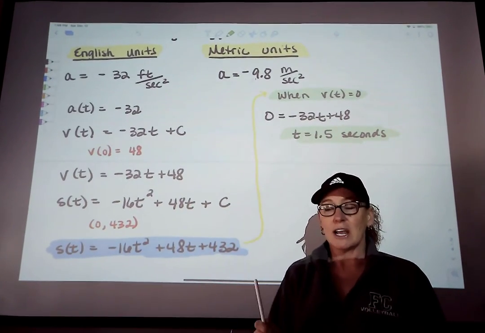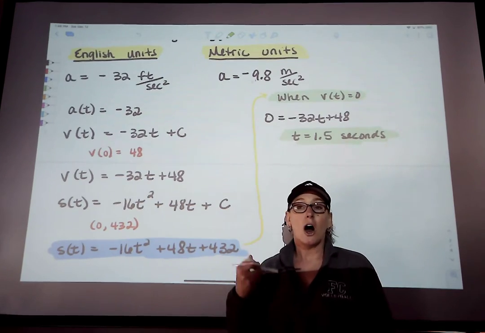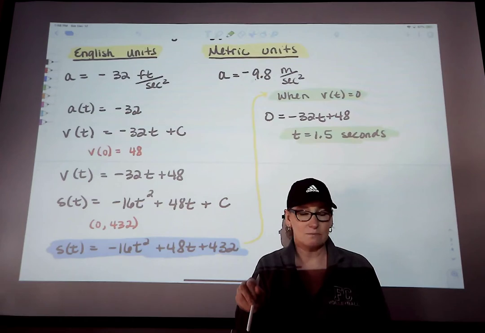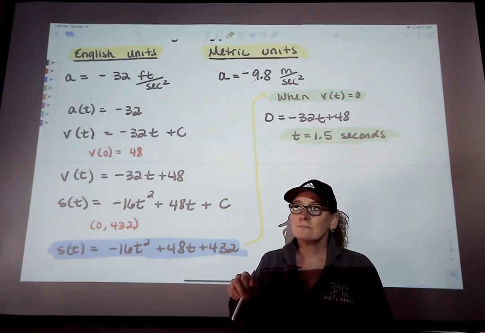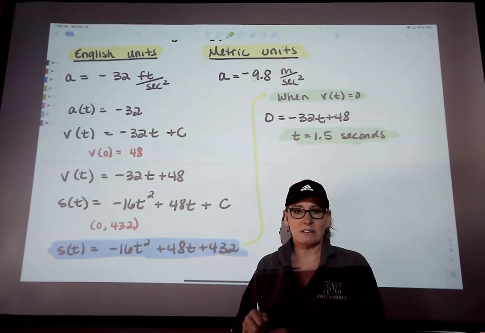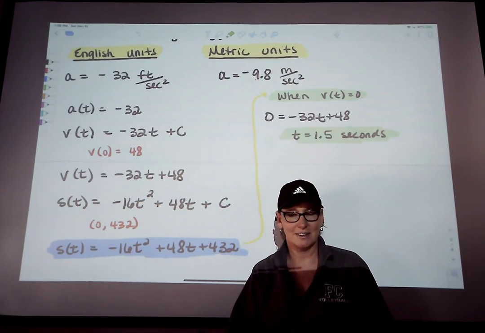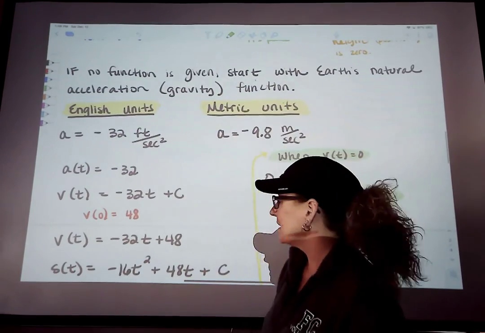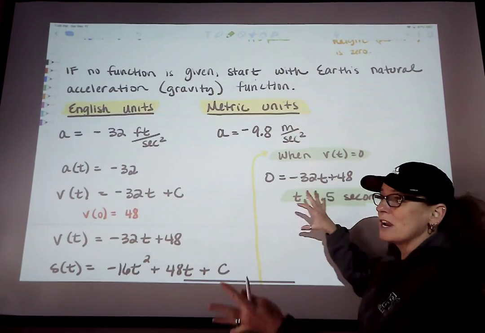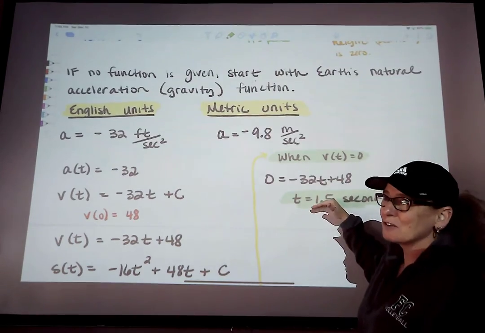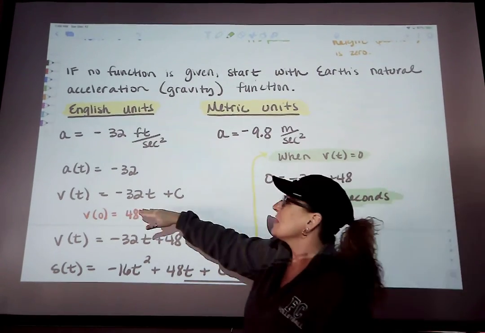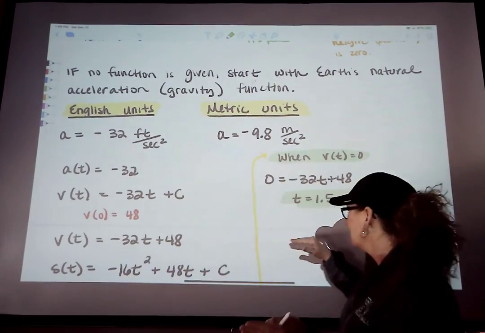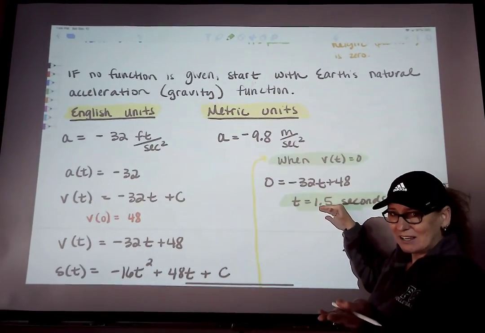Some of you are going to say, oh, well, also when it hits the ground, it stops, so its velocity is 0. The only reason its velocity is 0 is because there was a ground there. Because otherwise, when you look at it from an equation standpoint, the only time that the velocity could be 0 was when it reached its peak.